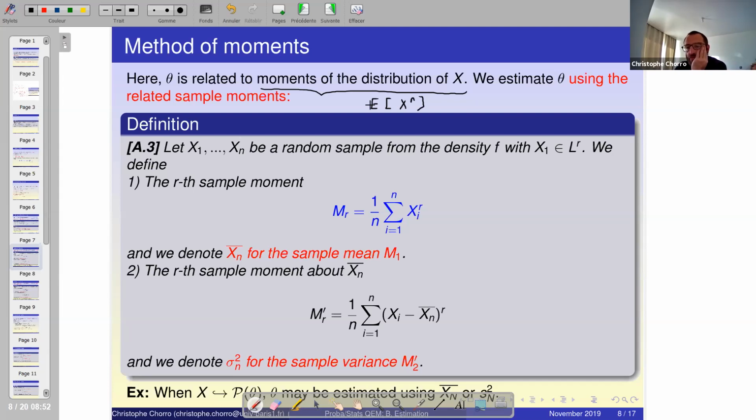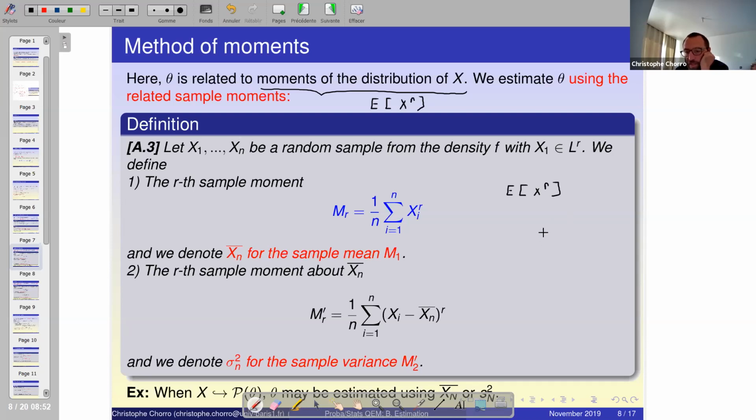For r equal to 2, the expectation of the square, and so on. If I want to approximate this quantity here, I have what we called the r sample moment. Why? Because keep in mind that this is just the expectation of x to the power r.